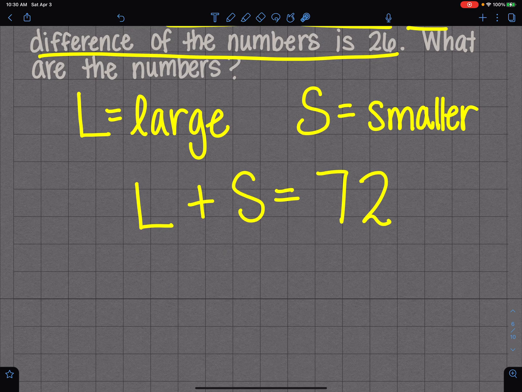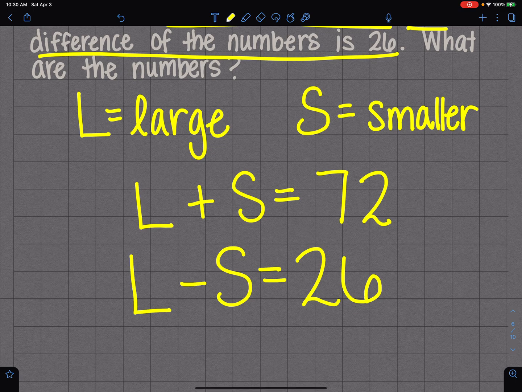Okay, so if the difference is a positive number, that means we're going to subtract the smaller from the larger. So large minus small number equals 26. Okay, and that's basically it, because now you have two equations and two unknowns.